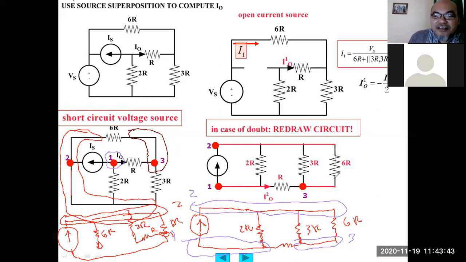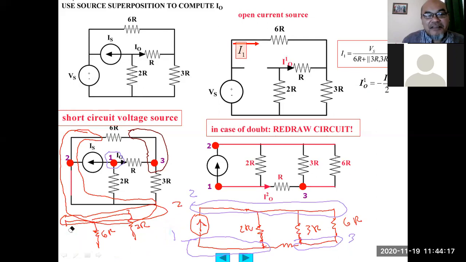And node 3 is connecting between 3R, R, and 6R. This should be connected through here somewhere. I get confused with something like that.